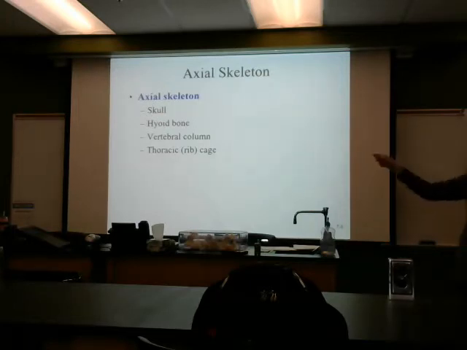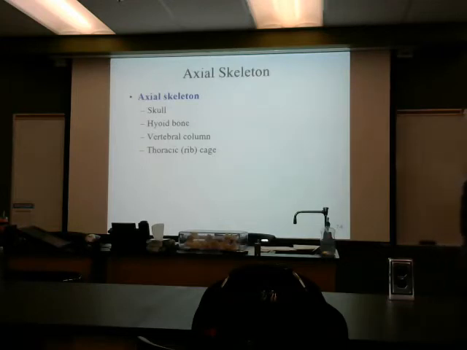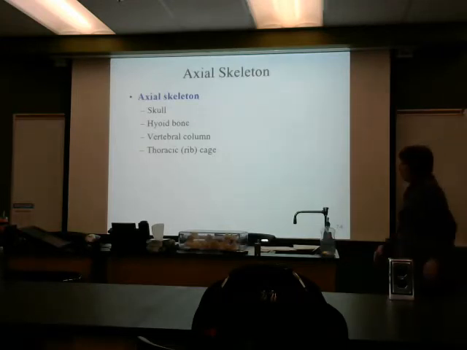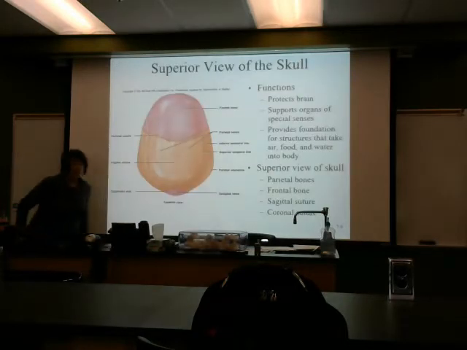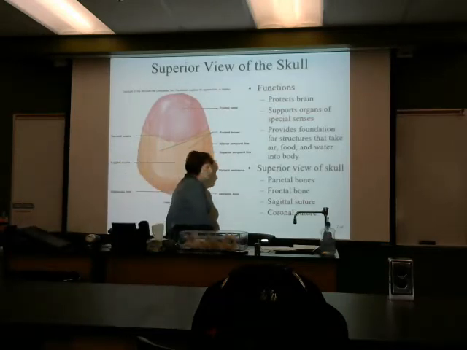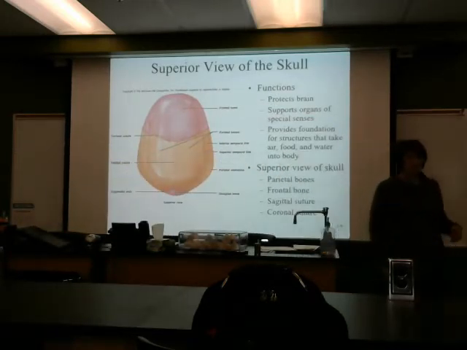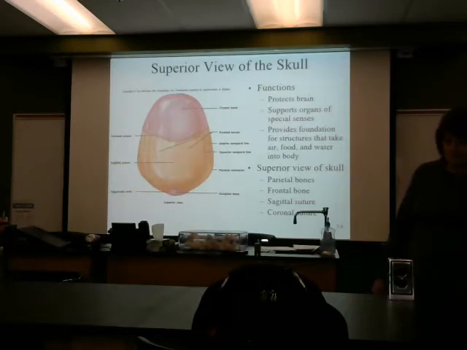Our vertebral column and the rib cage. This is our axis. These are the appendices. Now the skull gets pretty interesting. When we talk about support and protection, most definitely it is protecting very precious tissue, our brains.